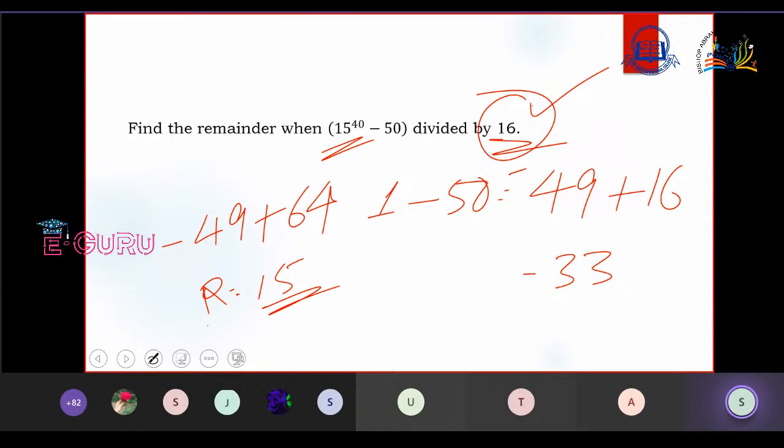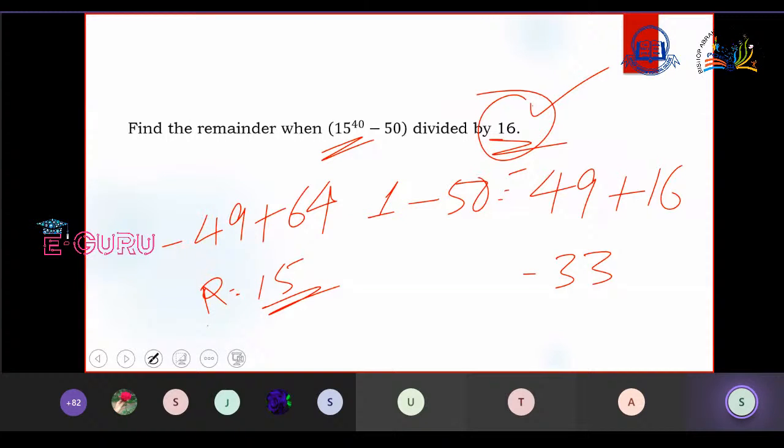So the required remainder here will be 15. If we are getting a negative remainder, we make it positive by adding the number used for division. If again we get a negative number, we continue that process till we reach a positive number. Instead of doing that step by step, we can do it in one single step. We take the multiple of the number used for division which is greater than the remainder obtained.